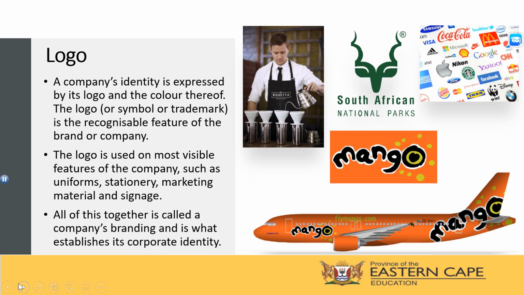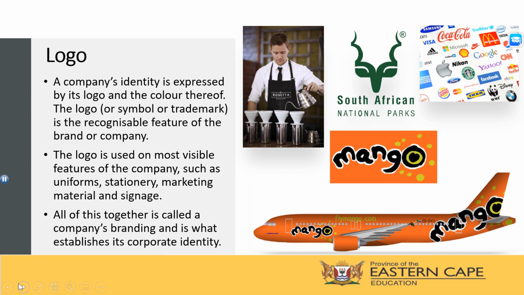You'll also see in the middle at the top the logo of South African National Parks, and please take note the color of the logo is green, and as you know, green pertains to environment.